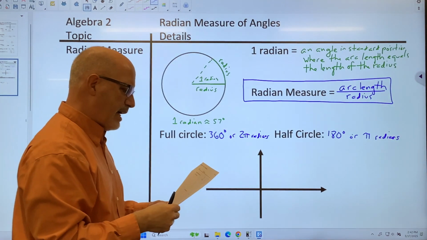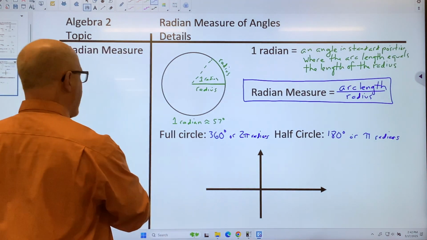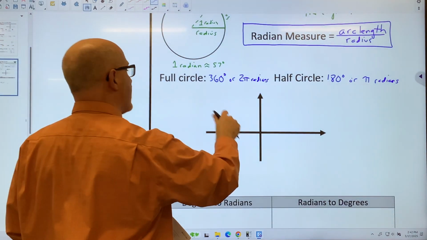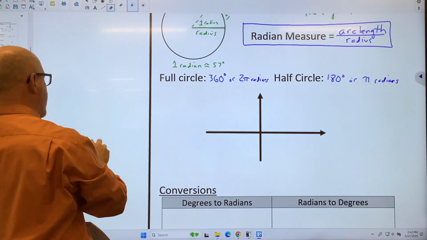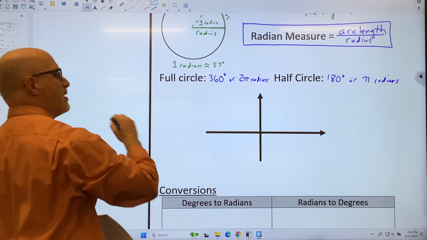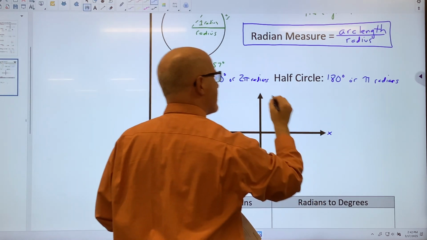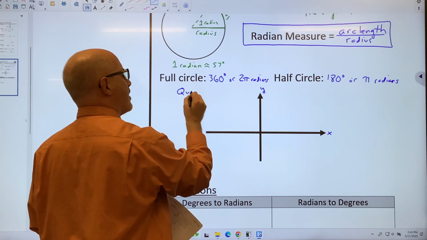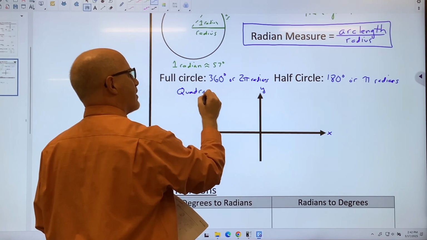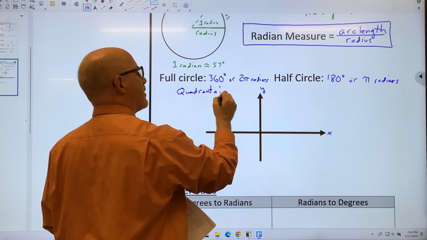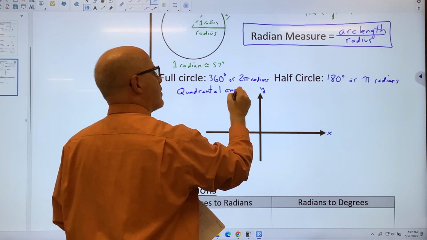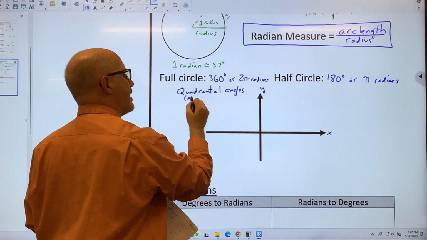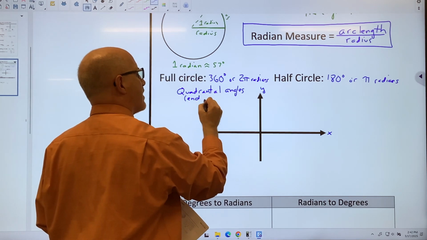Let's go ahead and look now at the different spots on the axis. If we've got an XY axis, this is X and this is Y, these are called quadrantal angles, because quadrantal angles are angles that end on an axis.